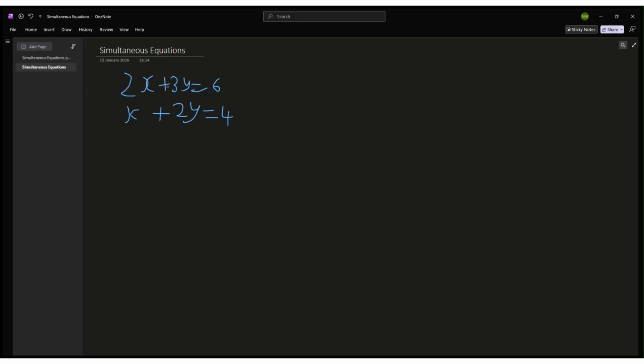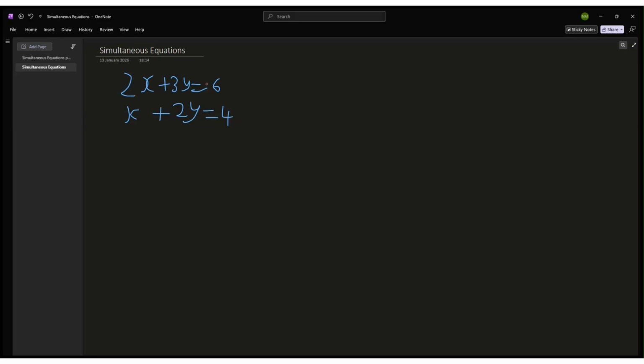So what we have is essentially 2 times a number x plus 3 times y is equal to 6. We're trying to figure out what number y allows us to be times by 3, and what number x allows it to be times by 2, and you add those together to get 6. And the same with x plus 2 times y added together to get 4.